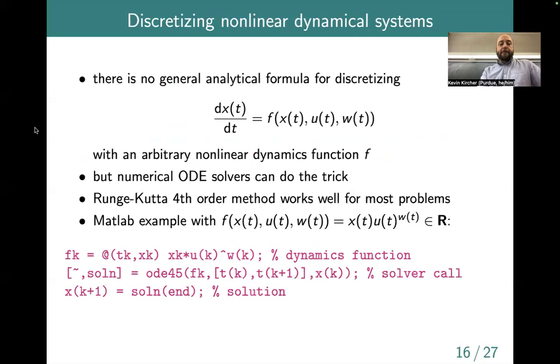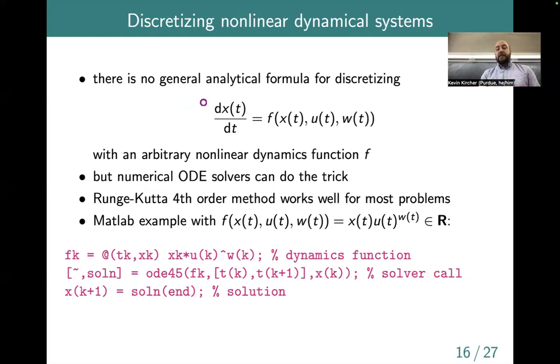Okay, so that's for the linear case. You might also ask, okay, what about the nonlinear case? How do we go from a continuous time system to this kind of easy to work with discrete time representation? And it turns out that there is no analytical formula like the one that we derived today for the linear case.